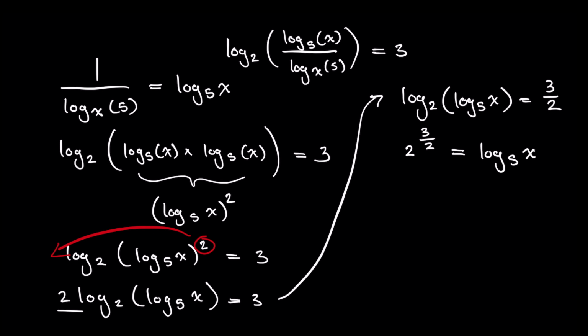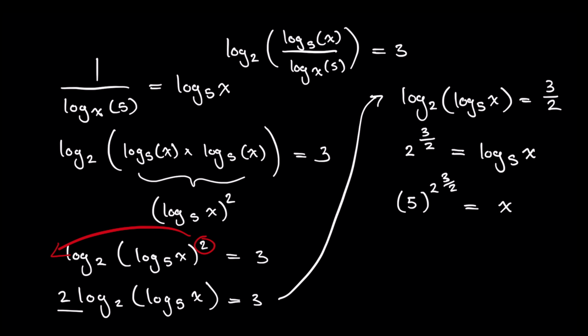And from here, we can do that exact same operation again. We can do it twice. And that's going to leave us with 5 to the power, this is probably going to get a bit messy, but 5 to the power of 2 to the power of 3 over 2, which is equal to x.